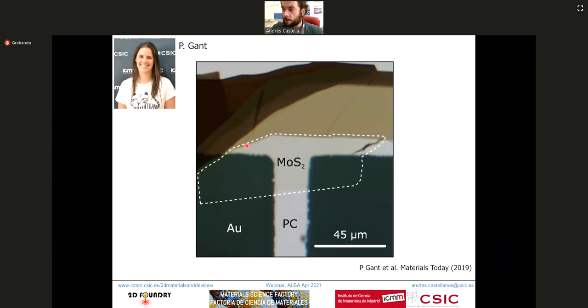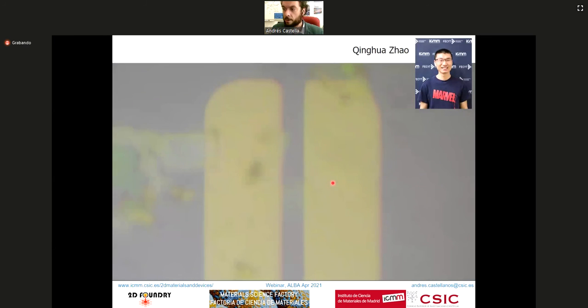We transferred single layers of molybdenum disulfide, like this one here, bridging two electrodes of gold on a polycarbonate substrate, and we can do this with a deterministic transfer tool. So basically, this technique allows us to transfer flakes of two-dimensional materials to the position we want. Therefore, we can use pre-patterned electrodes, and then we can transfer a flake just bridging these two electrodes.